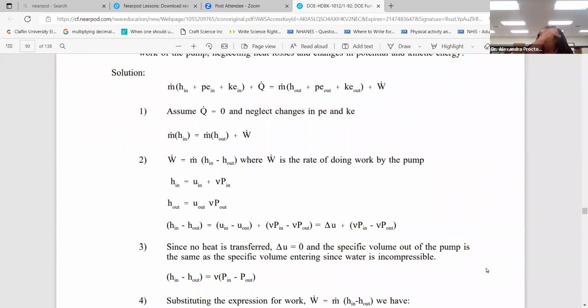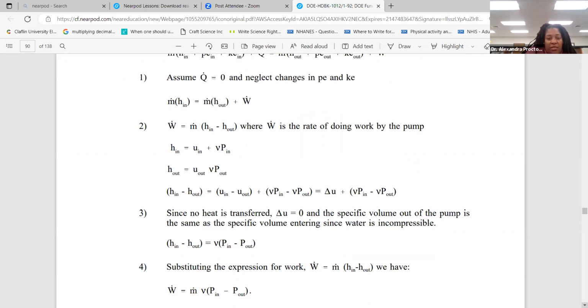So they represented this term by delta U is equal to VP in minus VP out. Since no heat is transferred, delta U, you can put a 0 in for it. And the specific volume out of the pump is the same as the specific volume entering the pump, since water is incompressible.